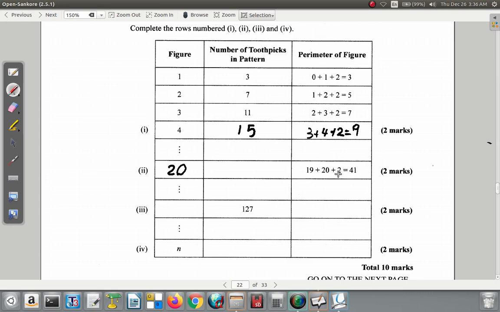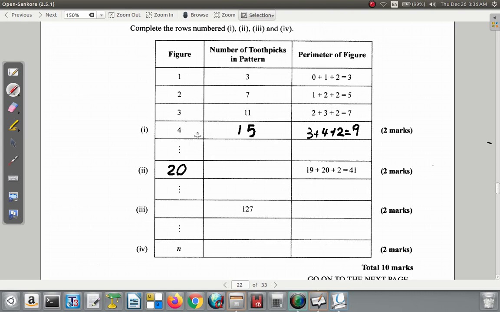Now let's see what's happening here. We need the number of toothpicks. 3 and 4 is 7. 7 and 4 is 11. 11 and 4 is 15. We can see that each time we add 4 to these numbers.